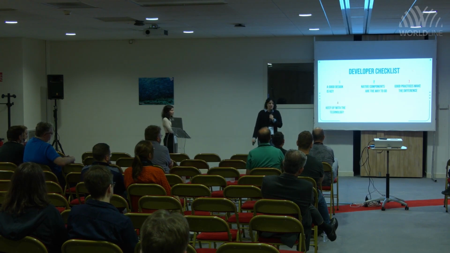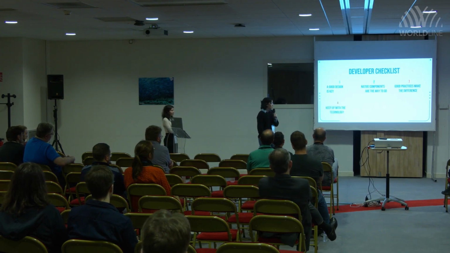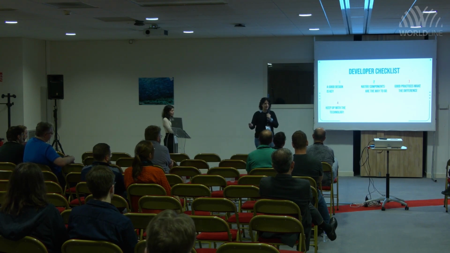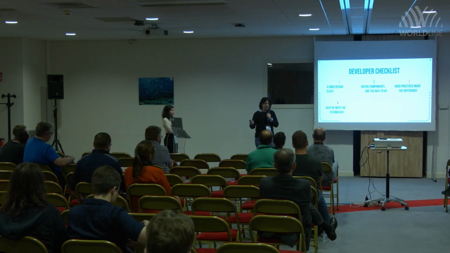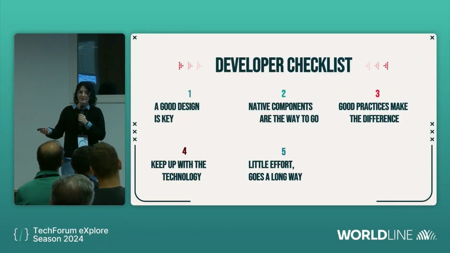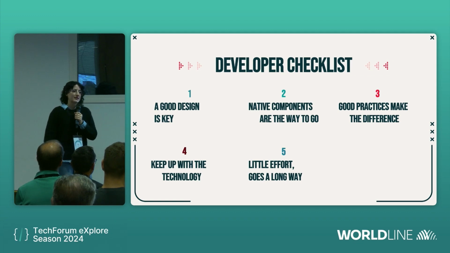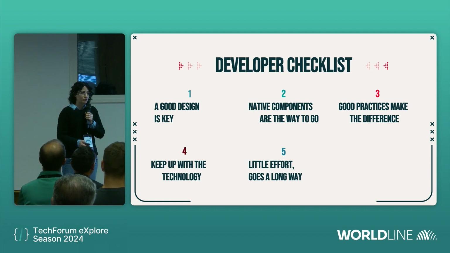Keep up with the technology. VoiceOver has been around for 19 years now, tomorrow 20 years, and every year Apple has a special section for accessibility, how it develops, how it improves people's lives and changes their focus. Then little effort goes a long way. Everything you add to your application is already improving it.